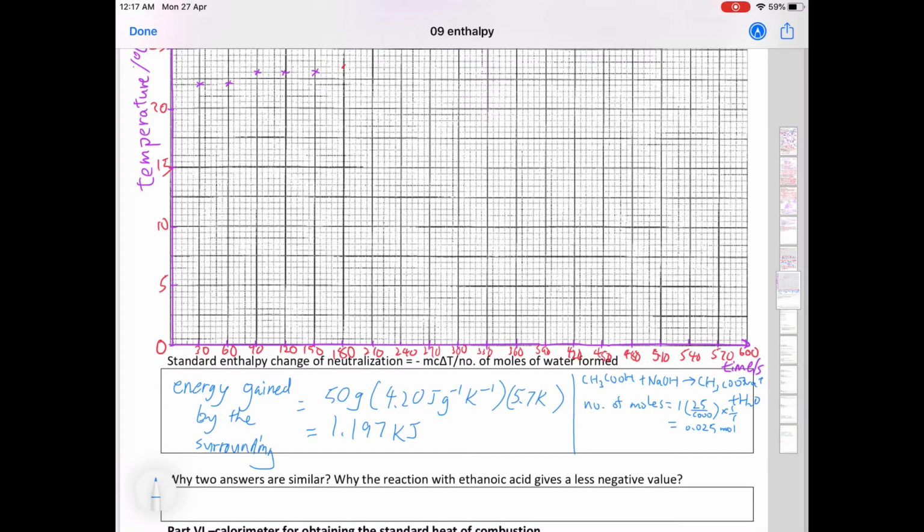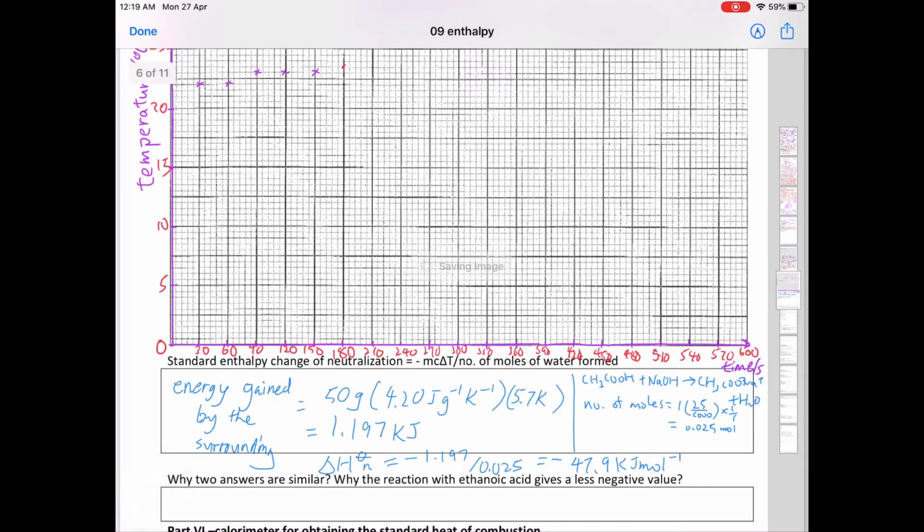And then by finishing it using the definition, delta H of neutralization equals the enthalpy change per mole of water formed. And don't forget this negative sign to present the idea that the heat is lost to the surrounding from the system. And then the final answer is negative 47.9 kilojoule per mole. Is it okay?